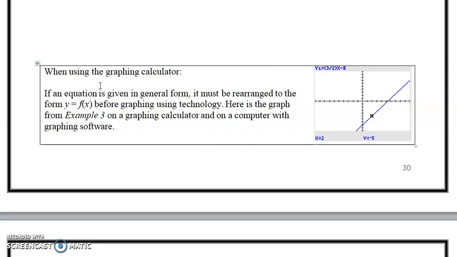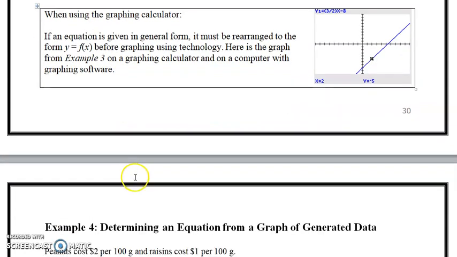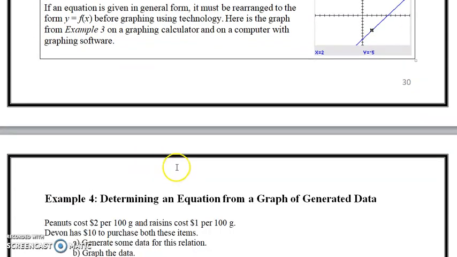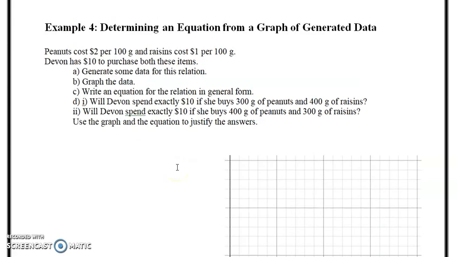However, it is good to get experience with rearranging the formula, because we will be using the graphing calculator. That is one of our main resources as we move toward the advanced courses. So it is important because the calculator needs to be in y equals. All right, so rearranging formulas is important. And let's look at example 4 to finish off the chapter.